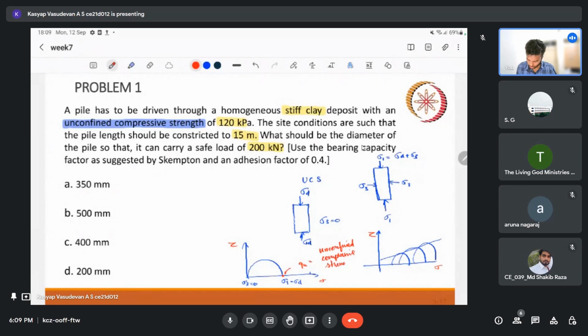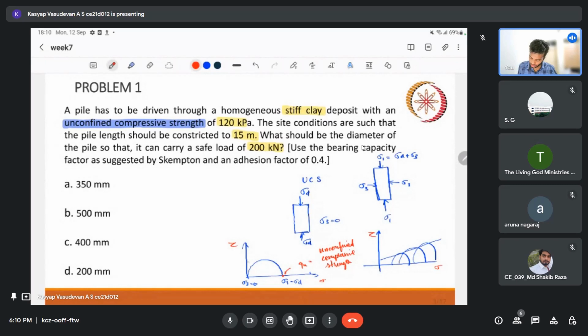This particular value is quite significant, and it is used to classify different soils, especially clays, with respect to this strength. When we say soft clay or stiff clay, that is what it means. So this is an important parameter.